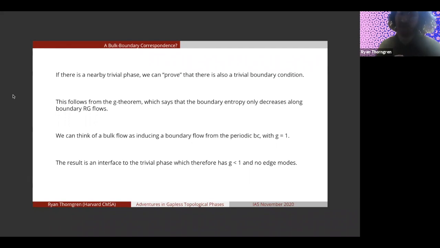If you perform the perturbation in some region along the circle, in that region you're going to flow to the trivial phase, and you're going to end up creating two interfaces to the trivial phase. In other words, two boundary conditions. By the g theorem, these boundary conditions have to have g less than 1. That implies, although I didn't argue it for you, that there are no edge modes.